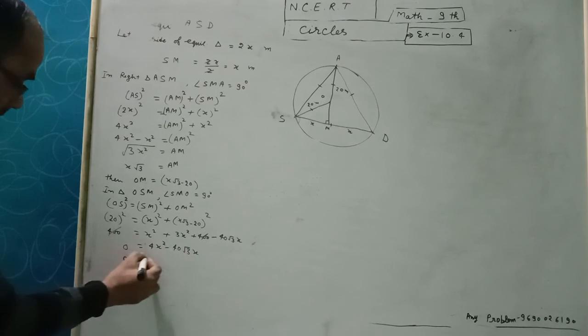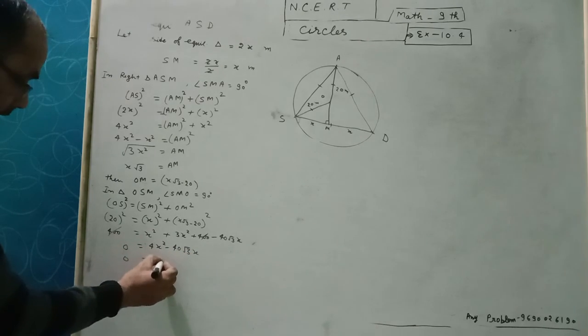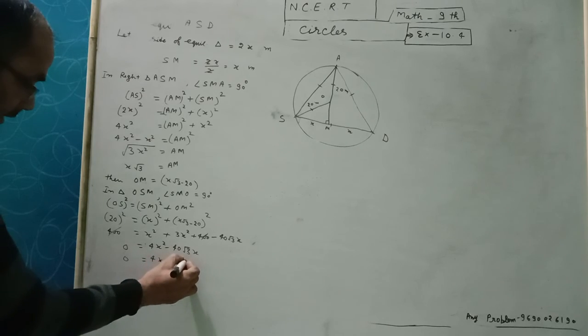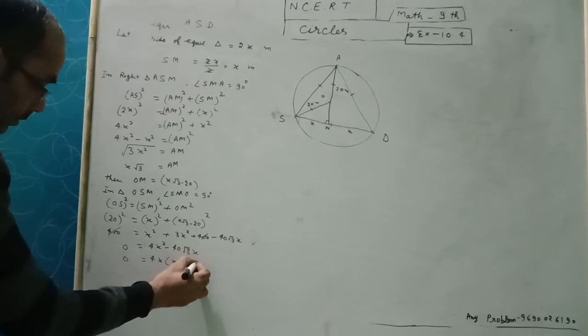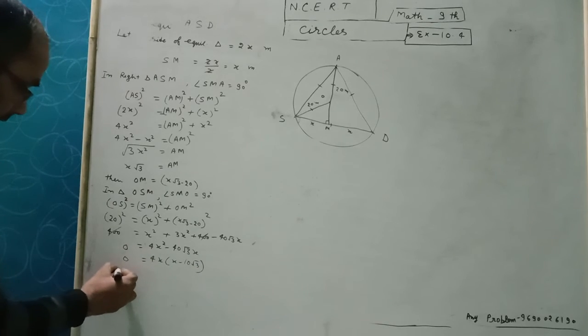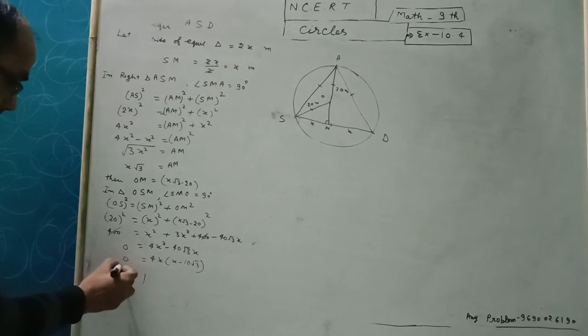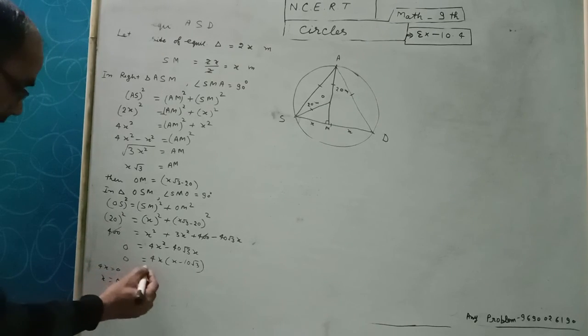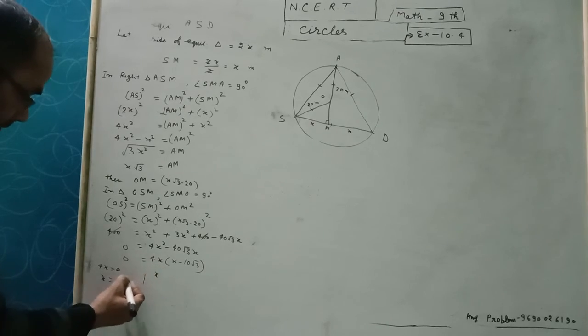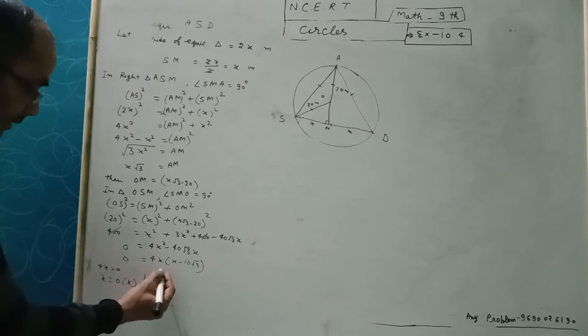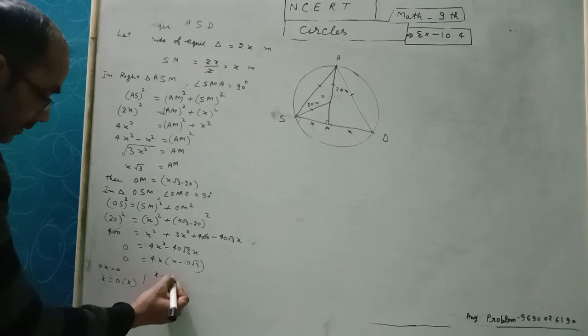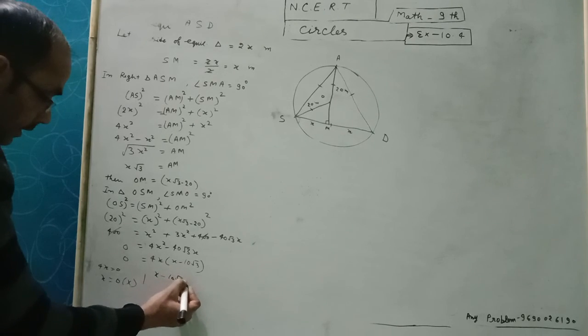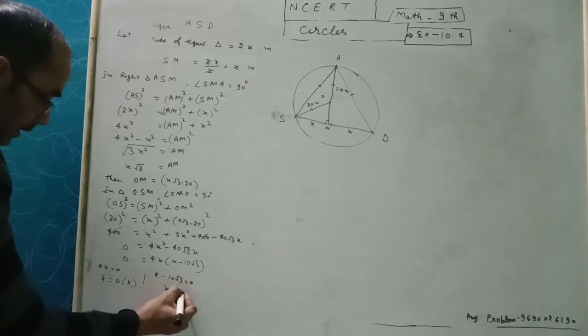Taking the common 4x, x minus 10 under root 3 is equal to 0. By quadratic equation, 4x is equal to 0, so x is equal to 0, not valid. x is equal to 10 under root 3.